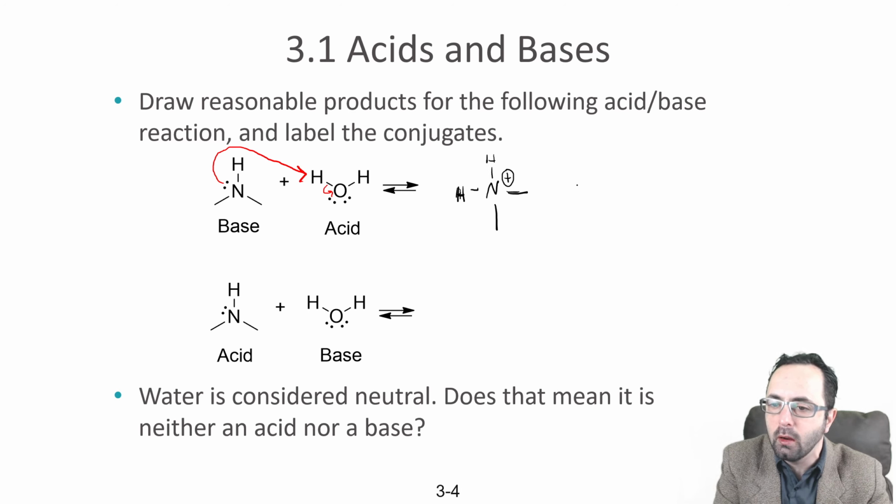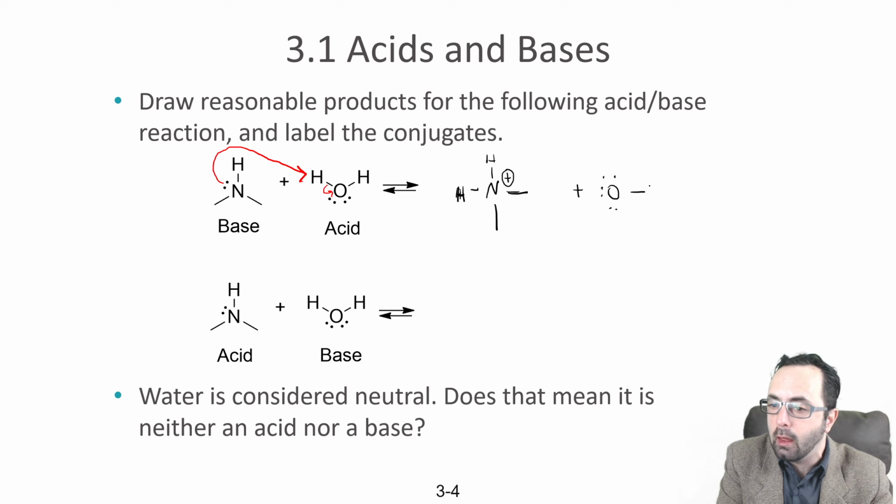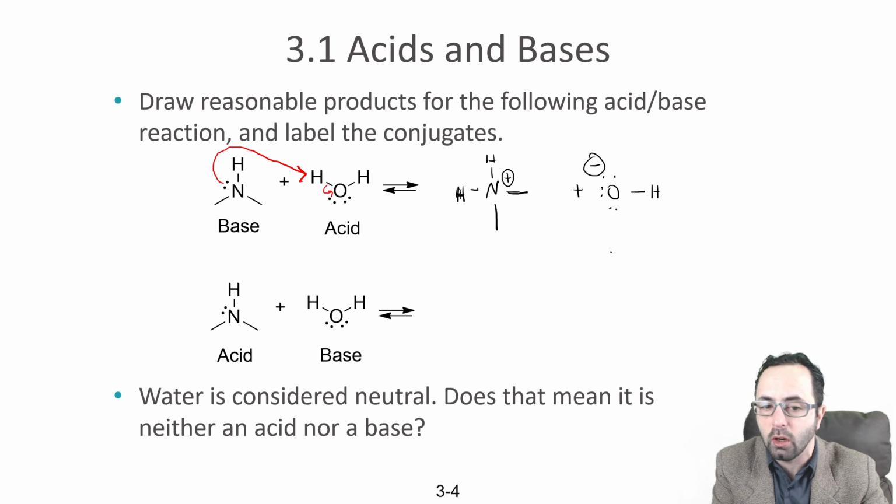Now the oxygen here has 3 lone pairs because the electrons in this bond here were left behind on the oxygen. And it has 1 bond, so it has a -1 formal charge.